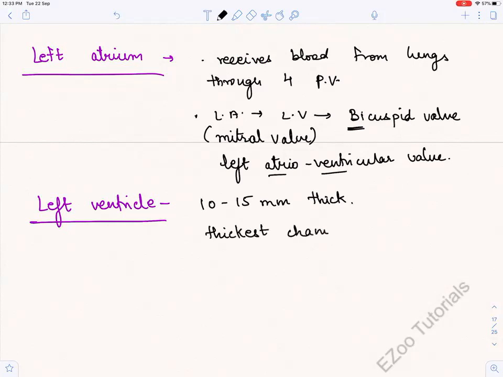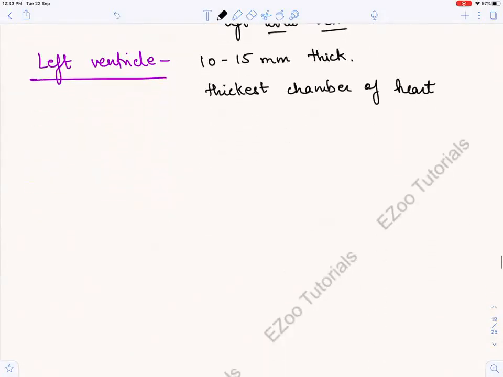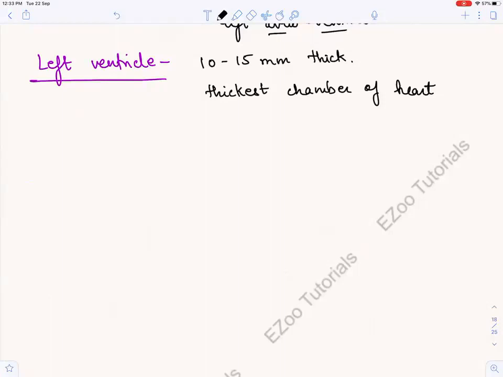Because we saw that the atrium is 2 to 3 millimeters, the right ventricle is 4 to 5 millimeters, but the left ventricle is 10 to 15 millimeters thick. And this is what is forming the apex of the heart.